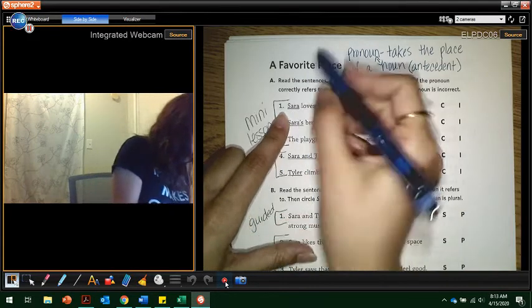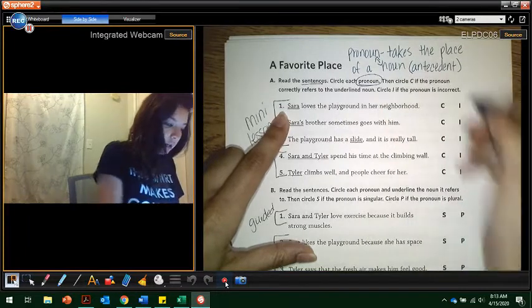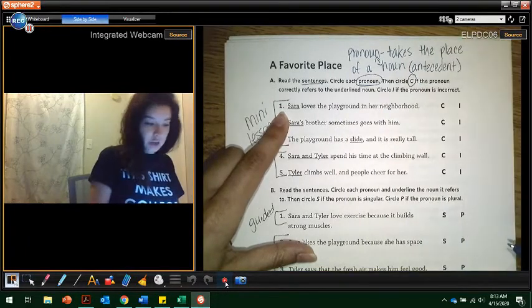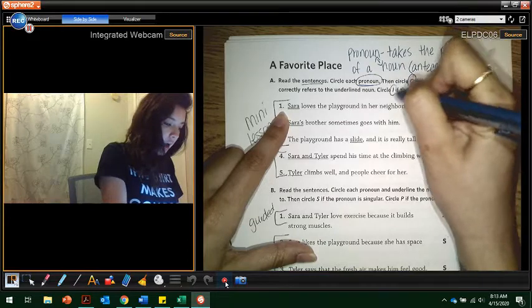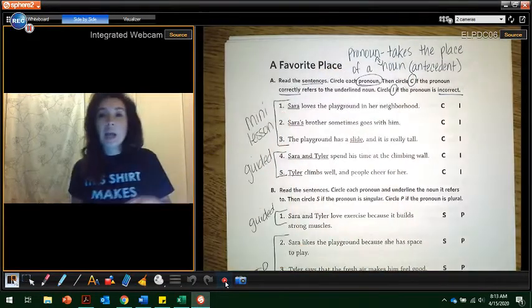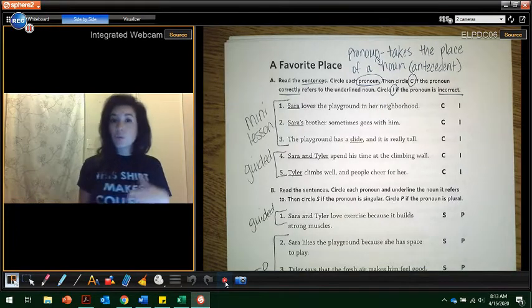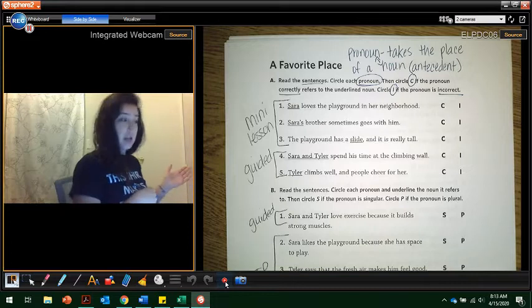So here we're going to be reading the sentences. We're going to circle each pronoun, and then we're going to find out if it's C, which stands for correct, or I, which stands for incorrect. So we're going to find out if the pronoun is the correct one to use when we're relating back to the noun.